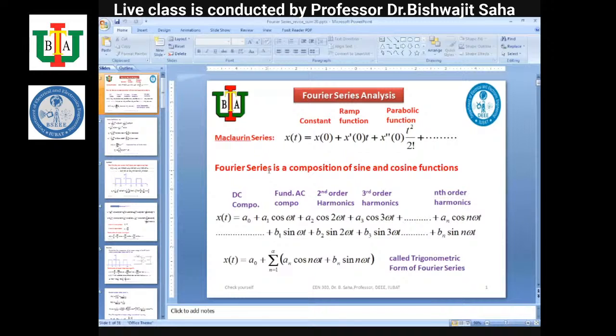Is everybody clear on the objectives of studying Fourier series?